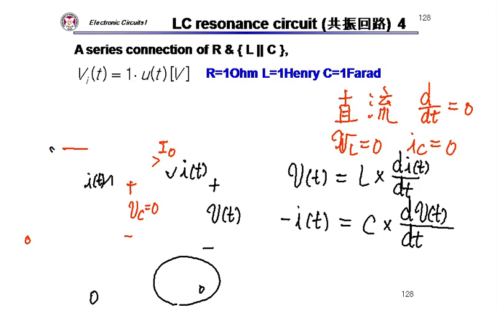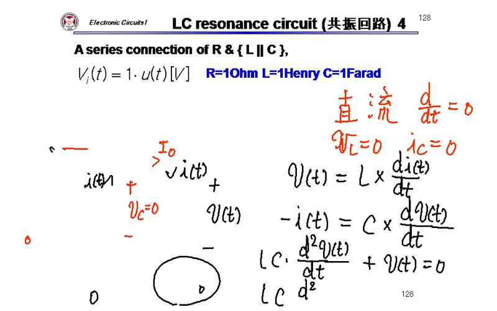If I substitute here, I will get this differential equation, LC times, and similarly I will get the same form of second order differential equation. I have two energy storage elements, so I have a second order differential equation.